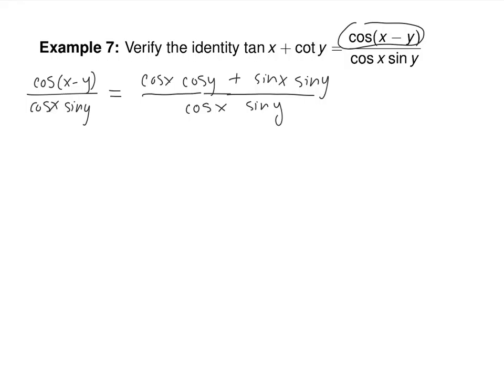Can we cancel anything immediately? Why can't we cancel the cosine x's? It's only in the first term, not the second one, right? So what you can do, we didn't actually see this trick yesterday, is you can break it into two fractions. Write it as cosine x cosine y over cosine x sine y plus sine x sine y over cosine x sine y.